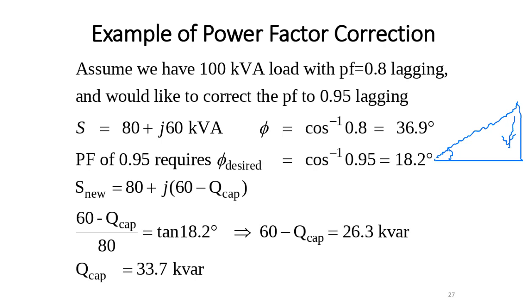If we want to reduce it to 1, it means that we don't want any reactive power from the source. We want to support all the reactive power from the capacitor. We want 0.95, not 1. By the way, you go 0.95, 0.96, 0.97, 0.98, 0.99, and then 1. And then we don't have 1.1.